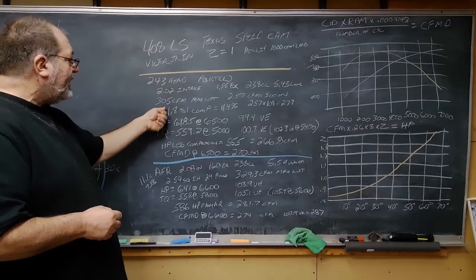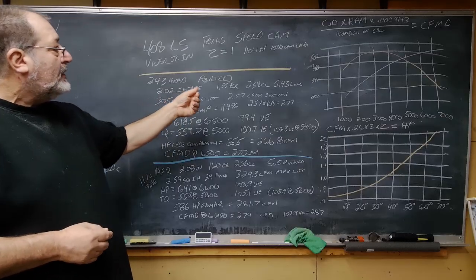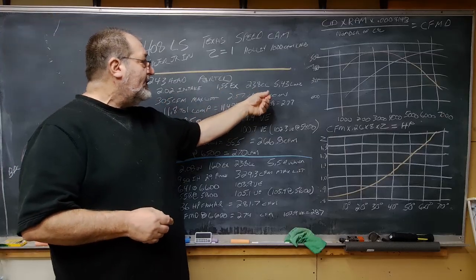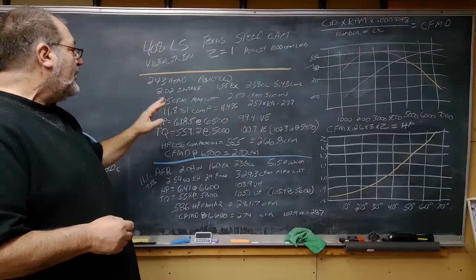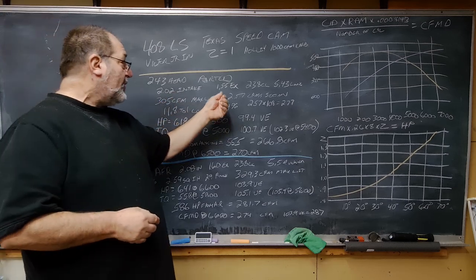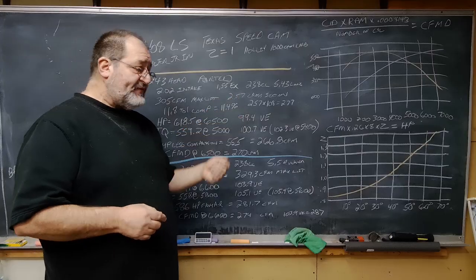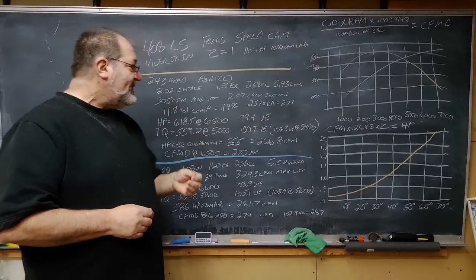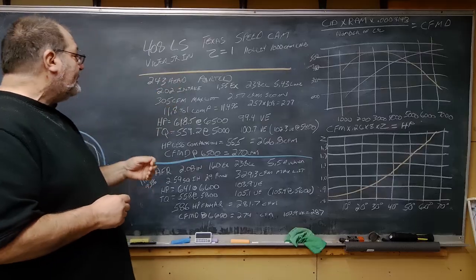He wound up with 305 CFM at max lift, 238 cc, and a 5.43 long runner. That starts giving you some of the basic information. Now, the cross section on this is only 2.57, so that is probably going to be a restriction, and we'll talk about that in a minute.